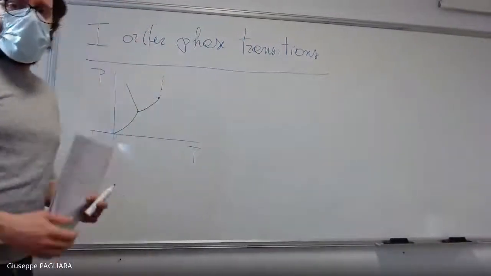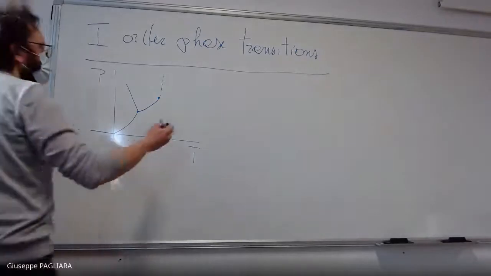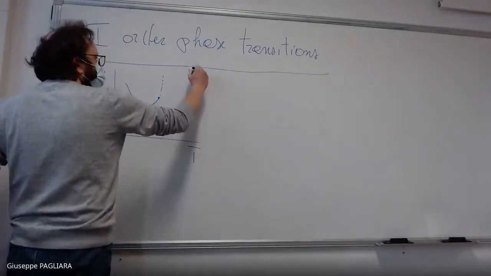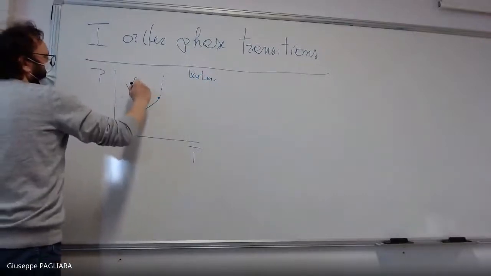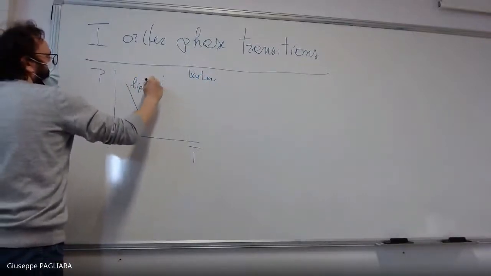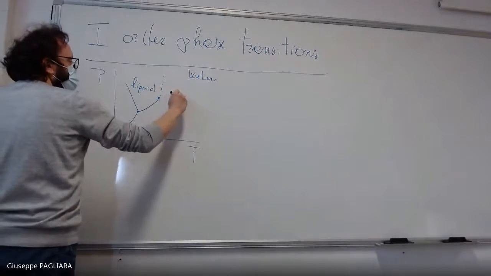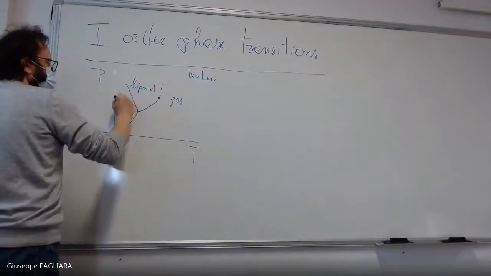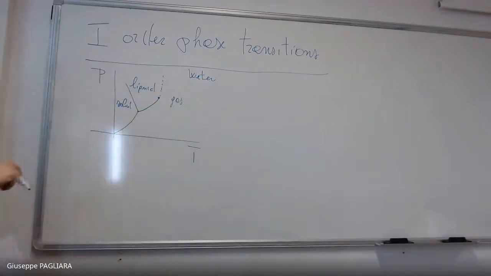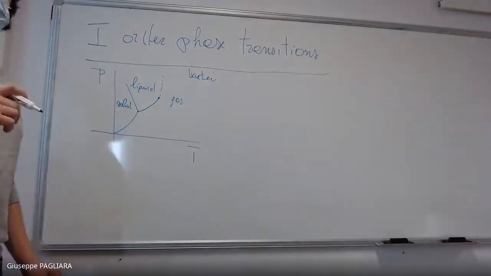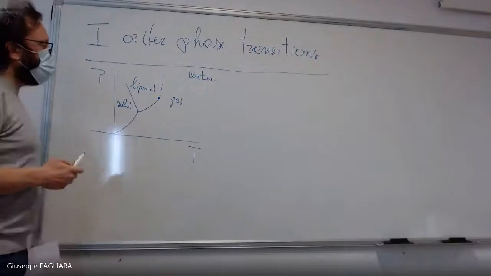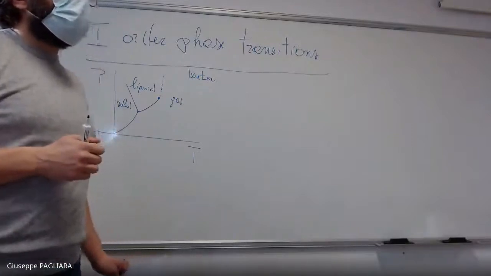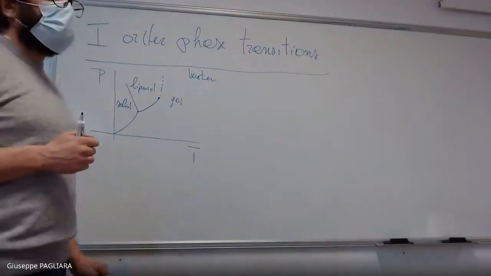Okay. So this was for water. This is liquid. This gas. This solid. And just to summarize what we were saying last time, the solid lines correspond to first order phase transition.